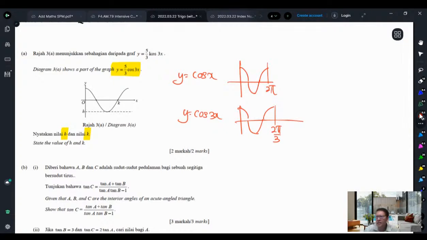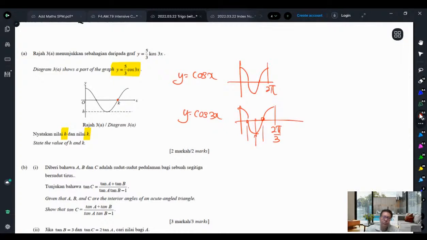I would say it's easier if we count in degree. It will be easy to count in degree. But never mind, we have a calculator. So the question asks for K. So you divide by 4.